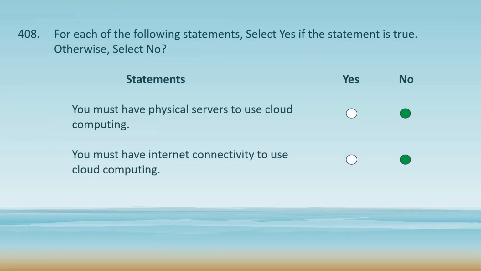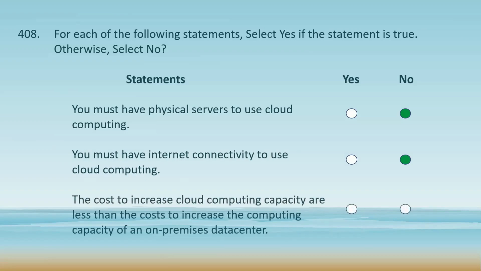The third statement is: the cost to increase cloud computing capacity is less than the cost to increase the computing capacity of an on-premises data center. This is a correct statement, folks. This is because cloud computing services offer pay-as-you-go pricing models, allowing organizations to scale resources up or down based on demand, without the need for significant upfront investments in hardware and infrastructure.